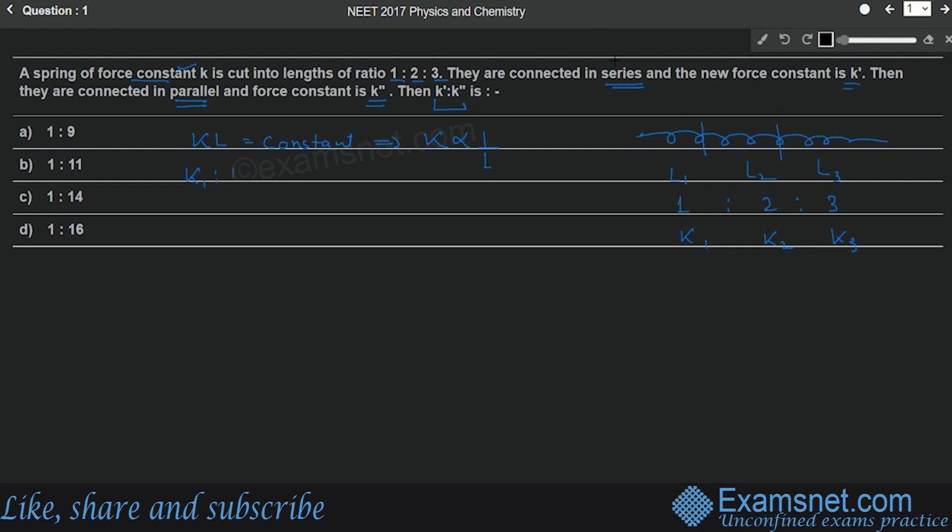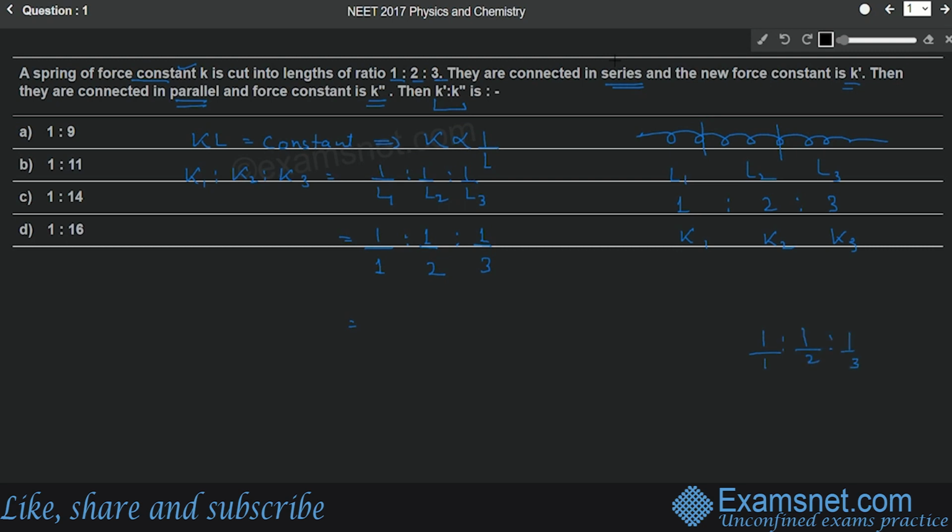K1 is to K2 is to K3 will be equal to 1 by L1 is to 1 by L2 is to 1 by L3, because it is inversely proportional, right? So we can write 1 upon 1, and 1 by L2 will be 1 by 2 and 1 by L3 will be 1 by 3. Now we can simplify it by taking LCM. 1 by 1, 1 by 2, 1 by 3.